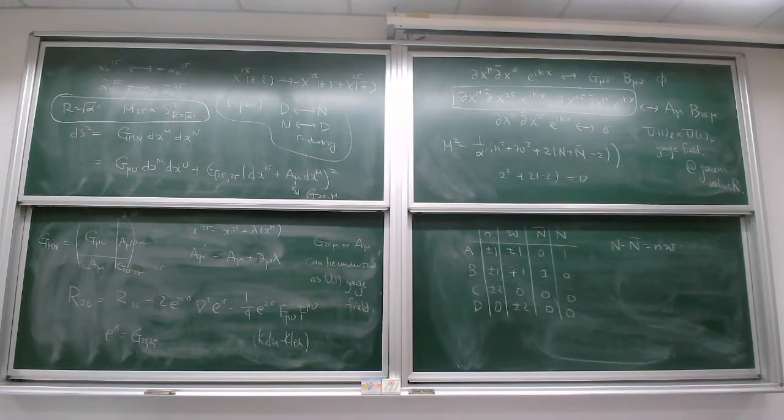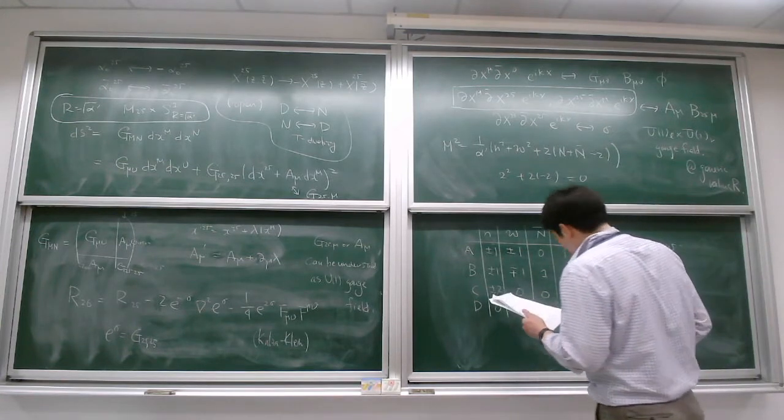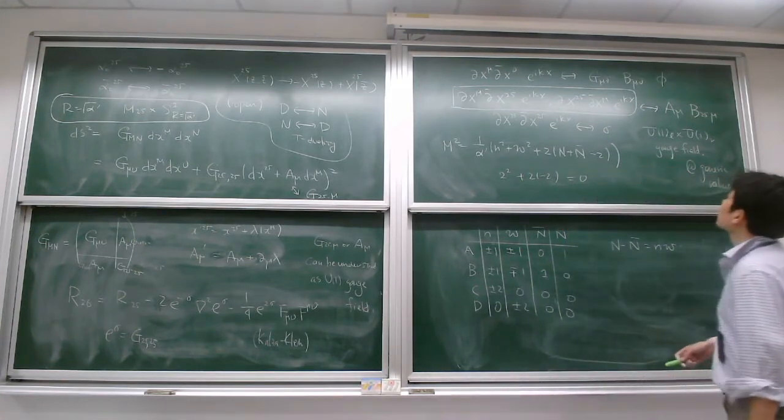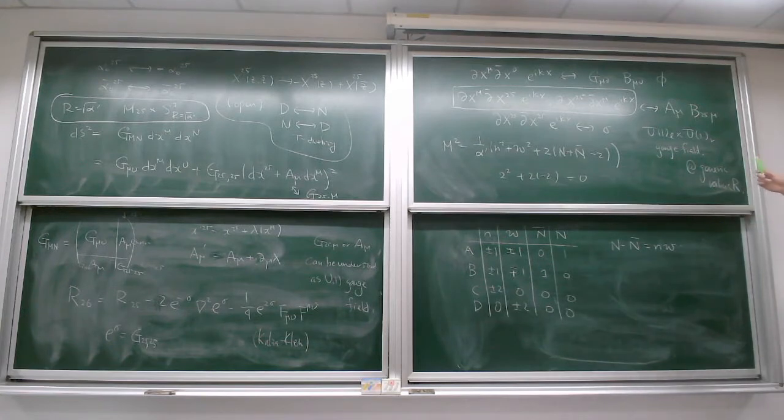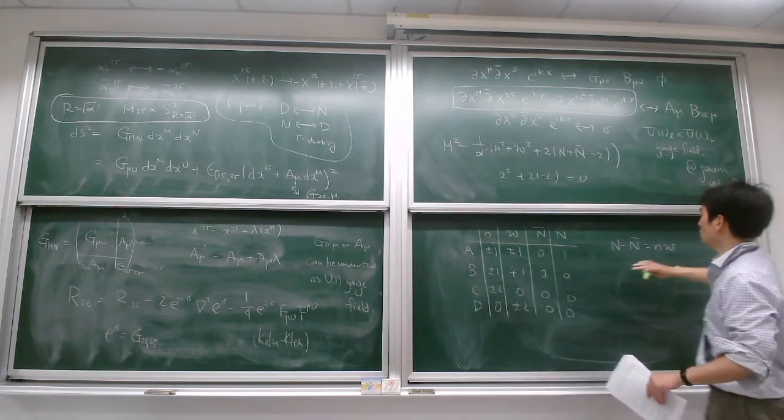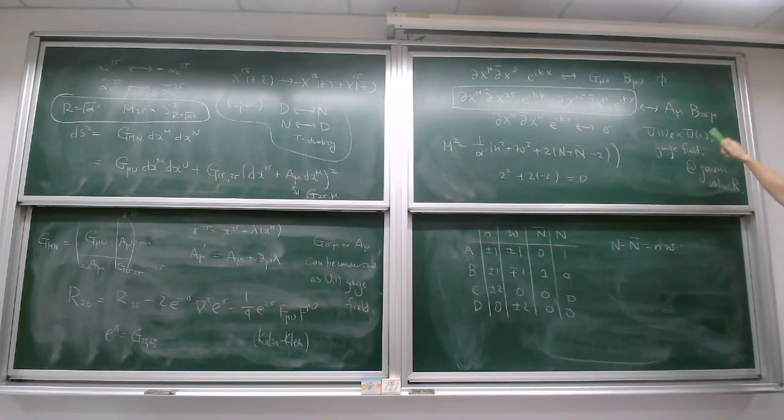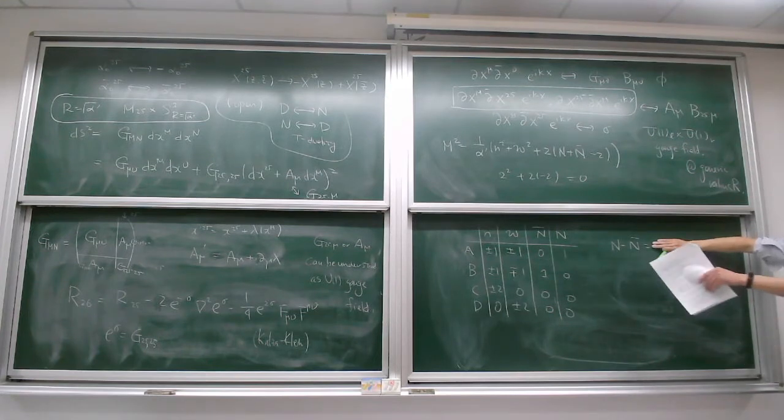modified level matching condition. So let's look at the massless field. The upper massless field only satisfies this level matching condition, and it has to be equal to n bar.